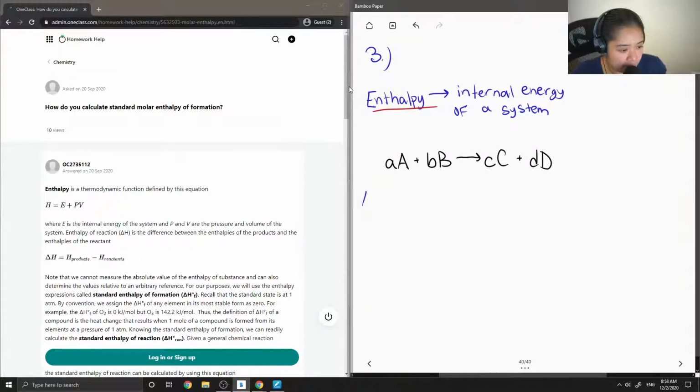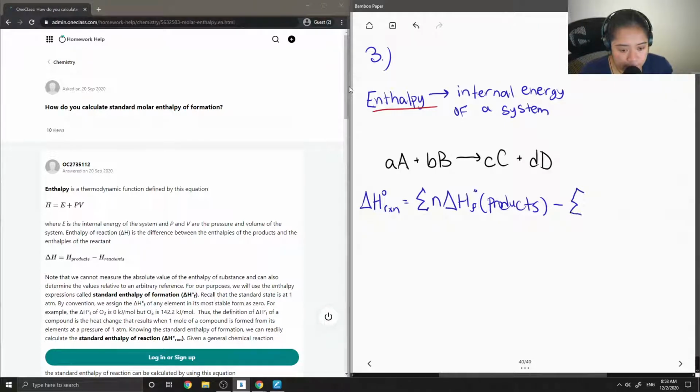If I wanted to find the delta H of the reaction, this would be equal to the sum of the delta H of formation for the products minus the sum of the delta H of formation of the reactants.